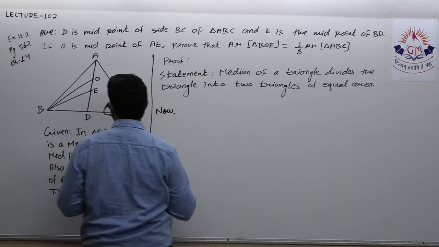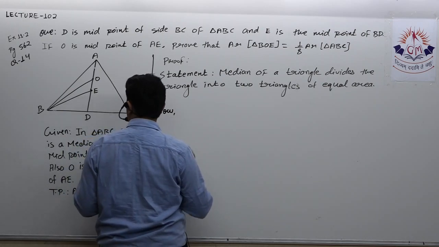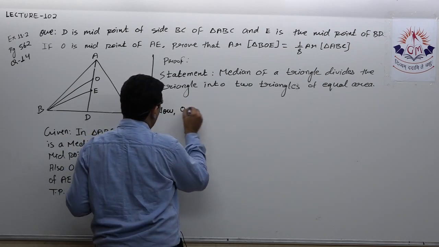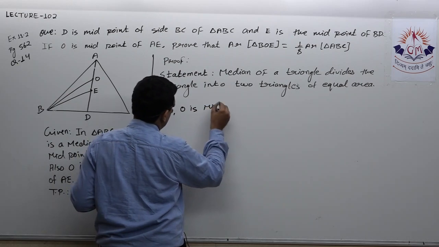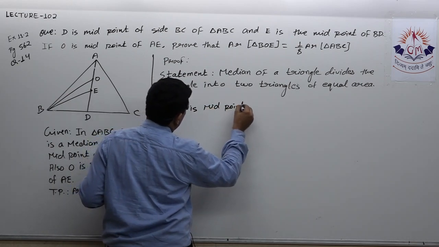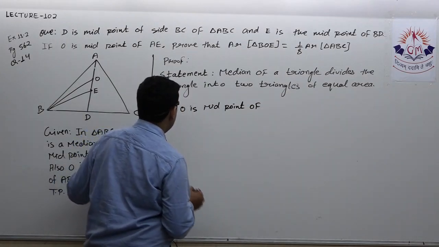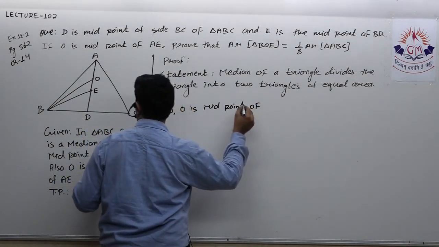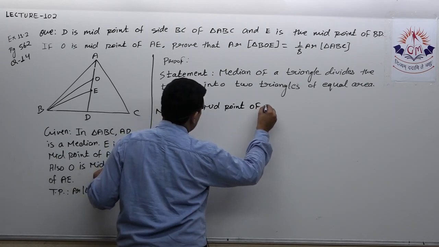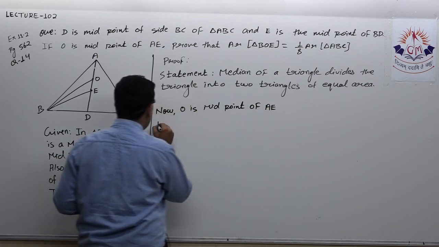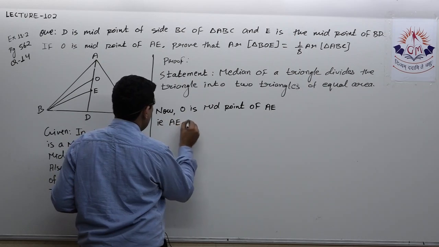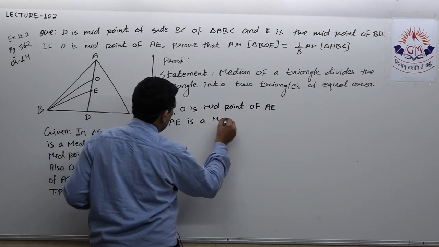Now, O is midpoint of AE, that is BO is a median.